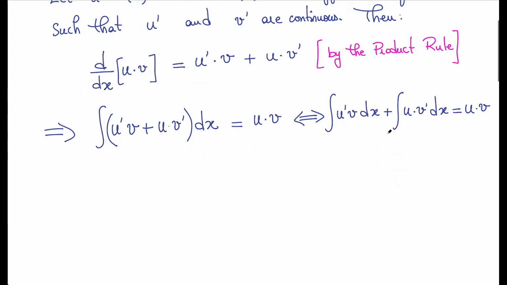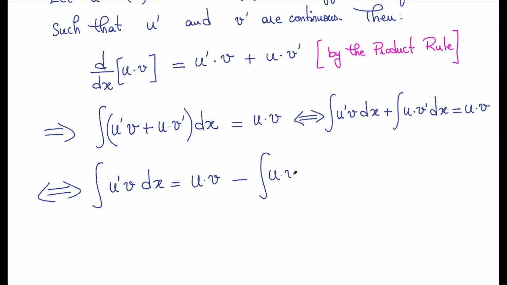Very good. And this means then, what I'm going to do is take this entity and move it to the other side. So something plus something else is a third thing. This means that the first thing is equal to the third thing minus the second. So we get the primitive of u prime v dx is equal to u times v minus the primitive of u v prime dx.